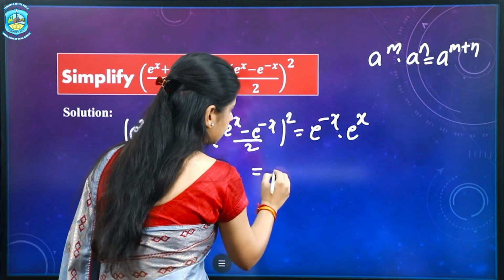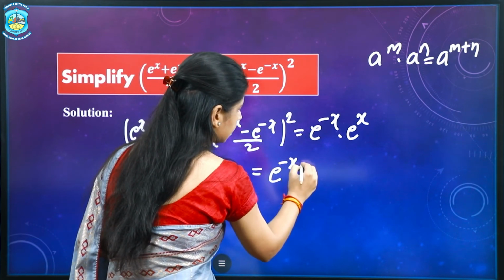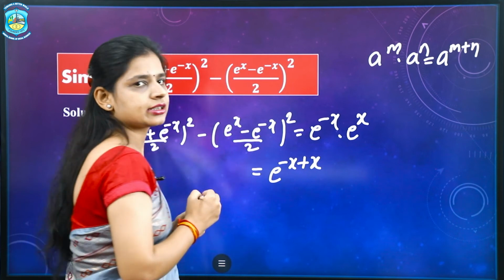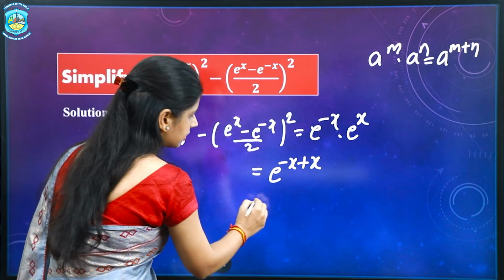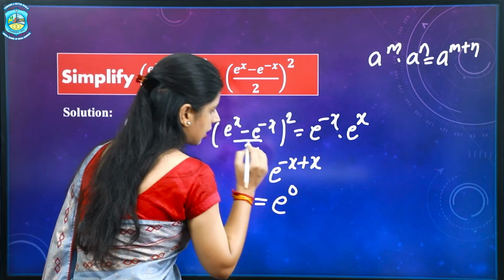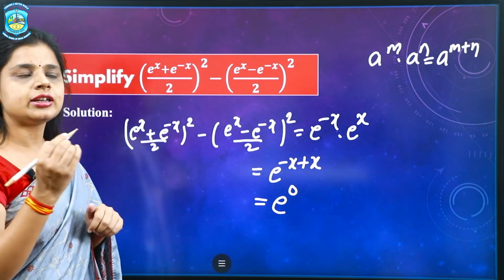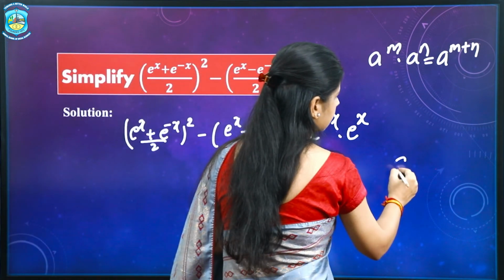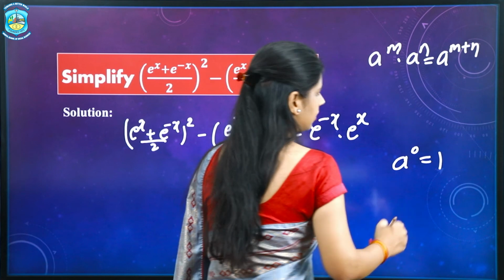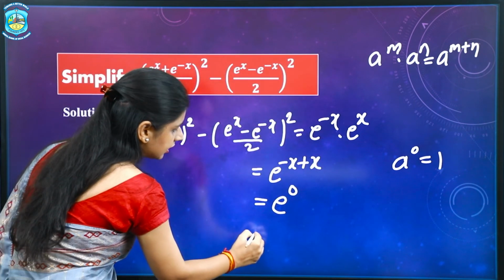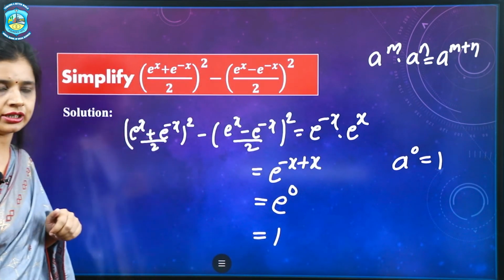That is, here we will get e^(-x + x), which is e^0, and we have a result that a^0 is always 1. So, here we will get this term as 1.